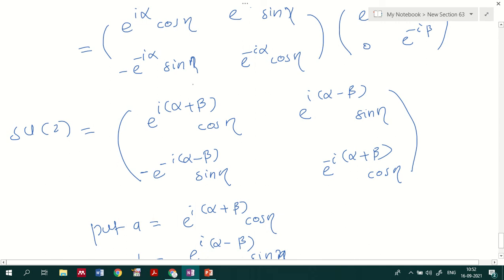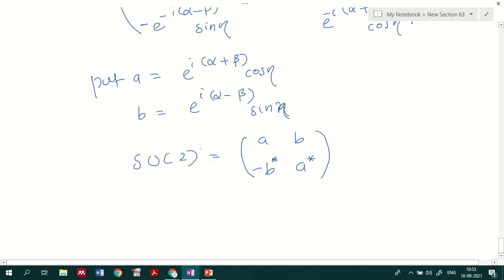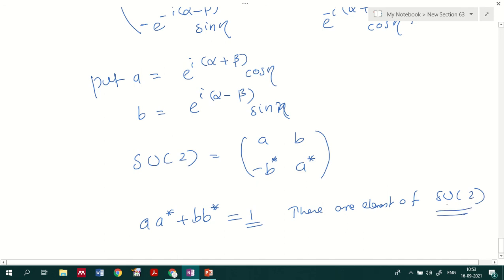Here you can see this element's complex conjugate is this one, and for e raised to minus i (alpha minus beta) sin theta, its complex conjugate is e raised to i (alpha minus beta) sin theta, with a minus sign, which is why we represented it as minus B star. Now if you take the determinant of this representation, you will have A into A star plus B into B star, which is equal to 1. So these are elements of SU(2), our special unitary matrix of order 2.